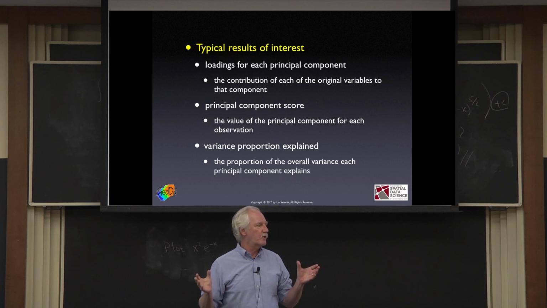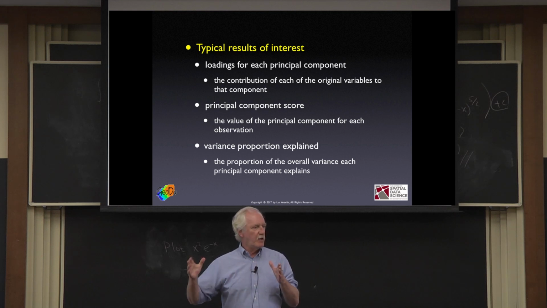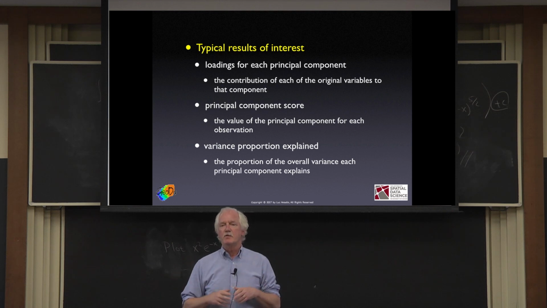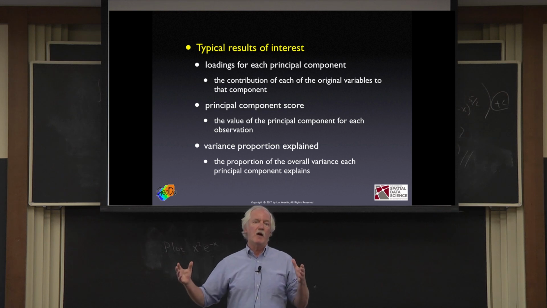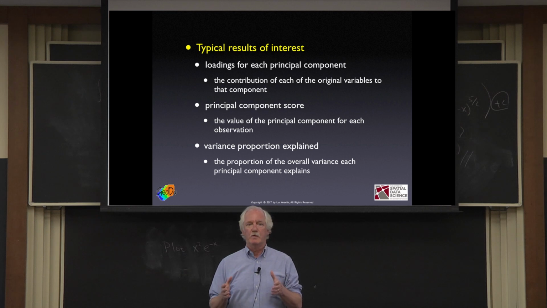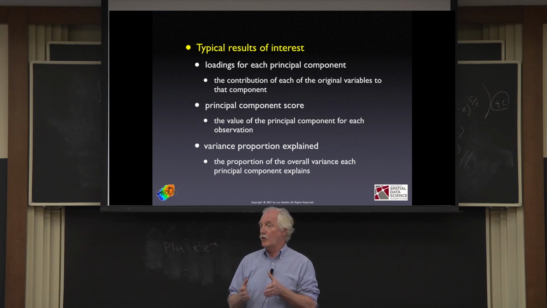If you run a regression and your explanatory variables are highly correlated, things will be very messy. So a solution is to replace all your highly correlated variables by a few principal components, because the principal components are not correlated by construction. So you don't have a multicollinearity problem.